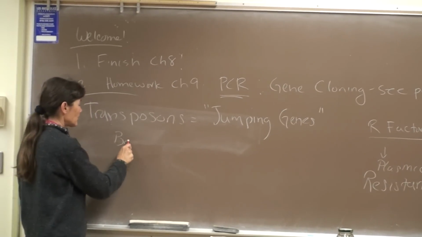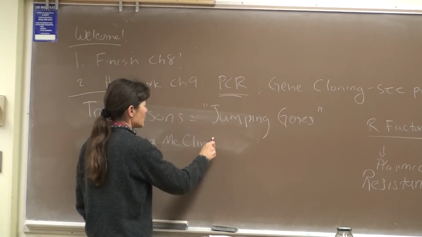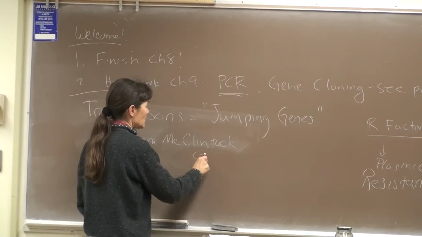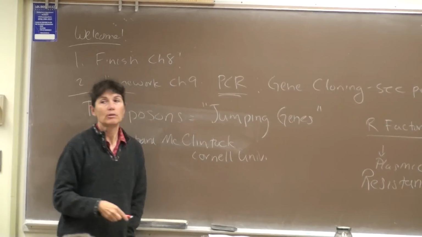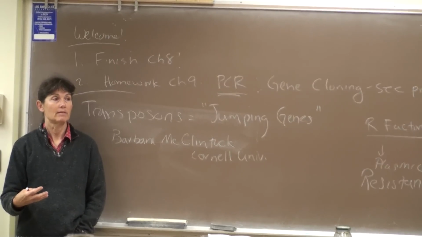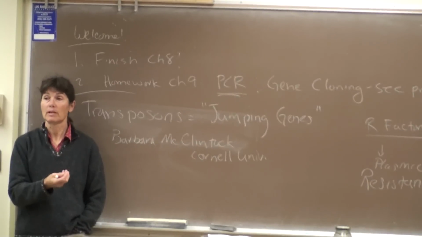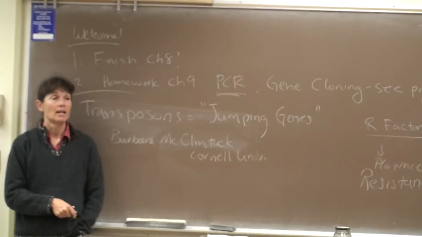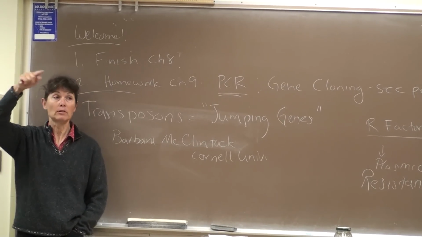And Barbara McClintock, who was a geneticist from Cornell, was studying Native American corn and trying to determine the genetics behind the pigment of the corn. And if you guys have seen Native American corn, it's beautiful, multiple colors, and often on one head of corn there'll be different colored kernels.